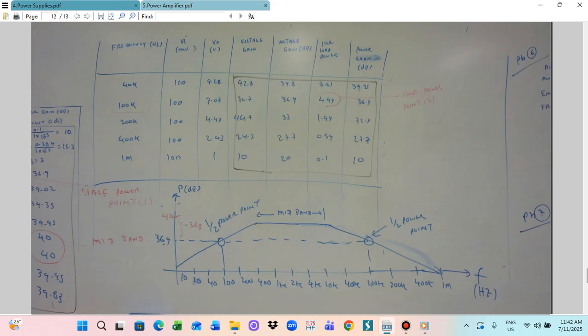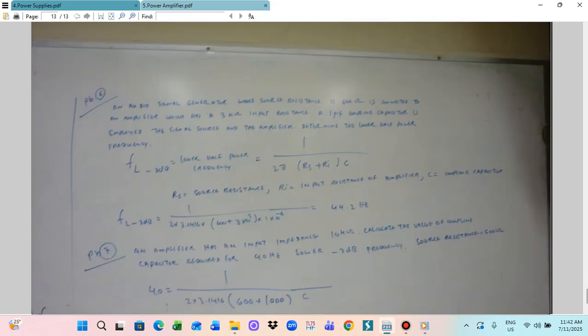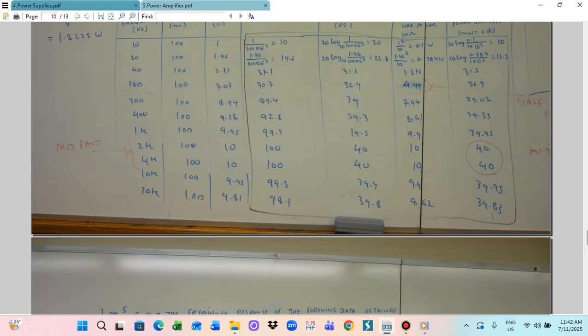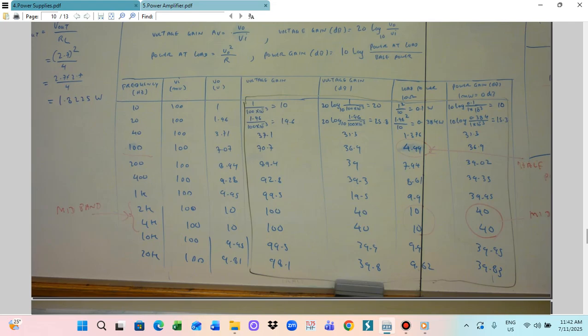So what we have to do is plot the frequency response characteristic. In this case, our frequency is set from 10 hertz and increases up to 1 megahertz. The input voltage VI is 100 millivolt, output voltage VO is 1 volt. So input and output voltage we measure, and then we put them in the data table.